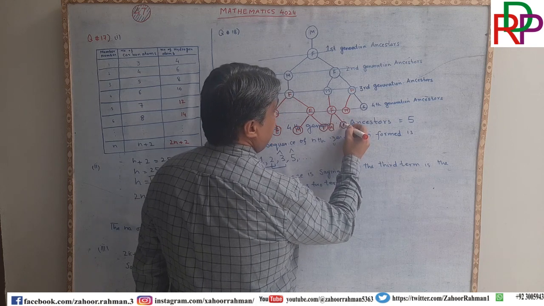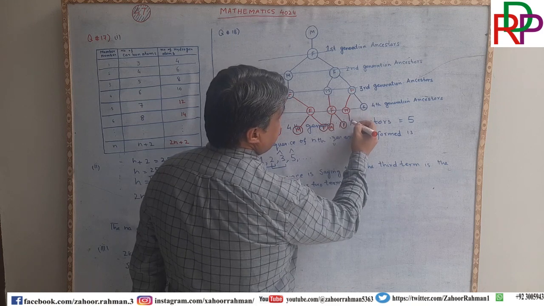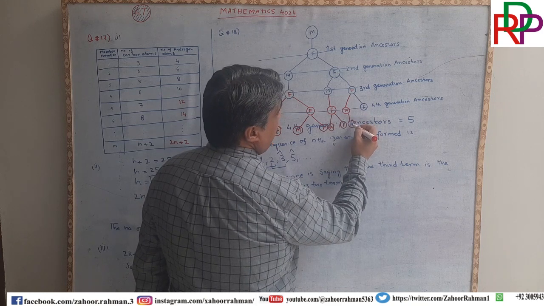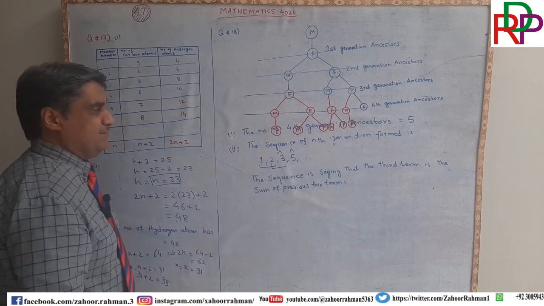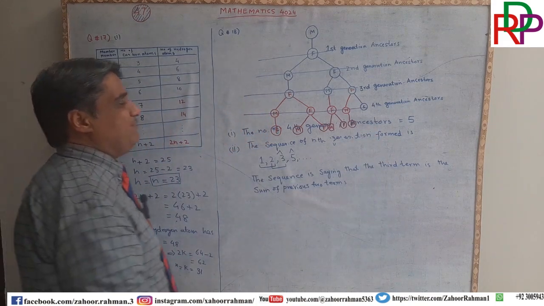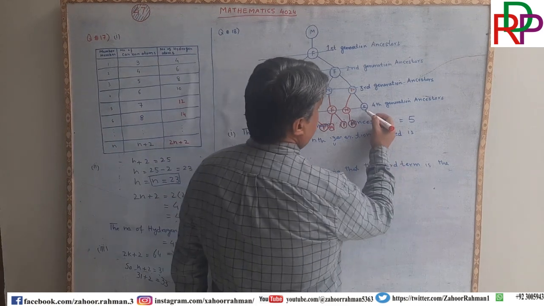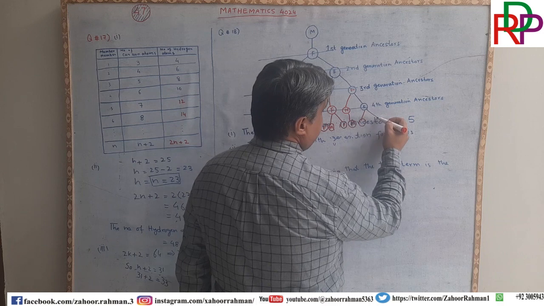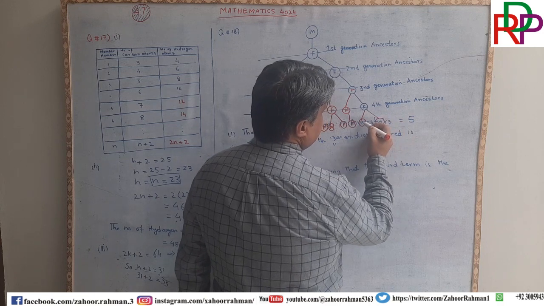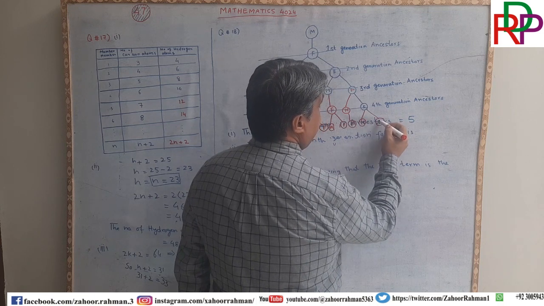Again, this will be male and female. And because this is male, it will only have an F, father. I'm taking it male and female, but you can take it anywhere. Now again F, so it will have two parents, and that is M and F.